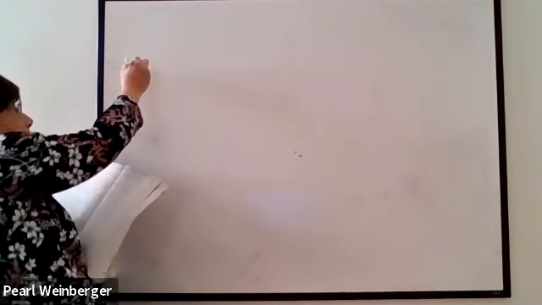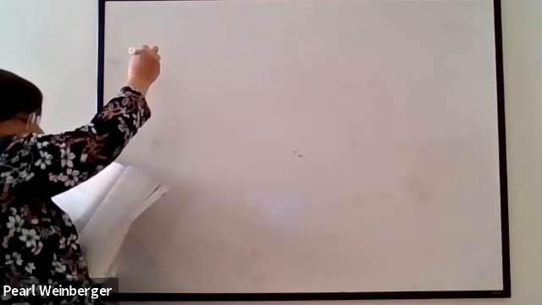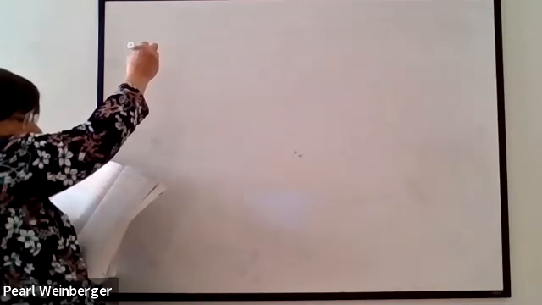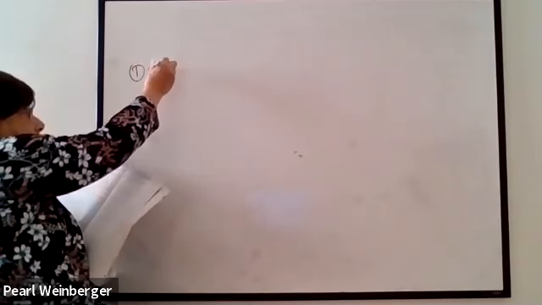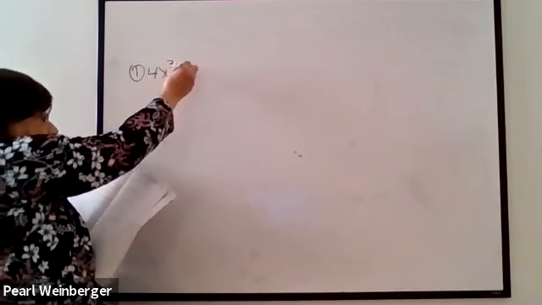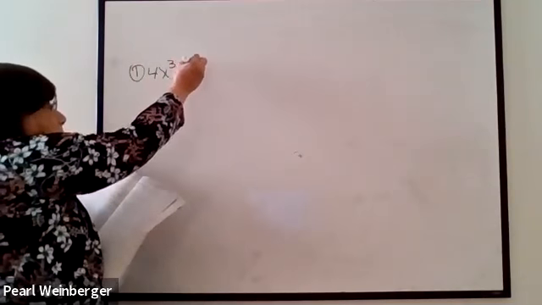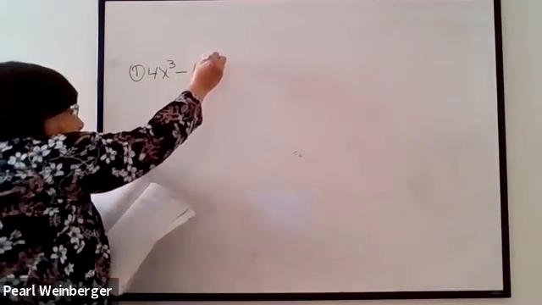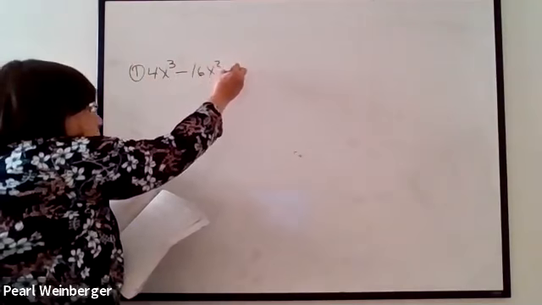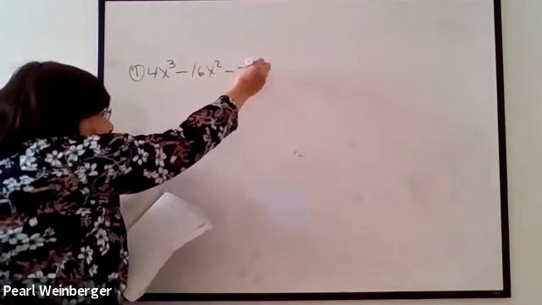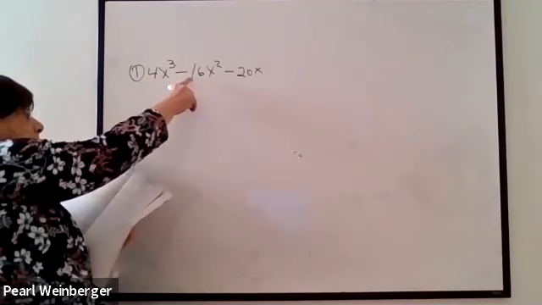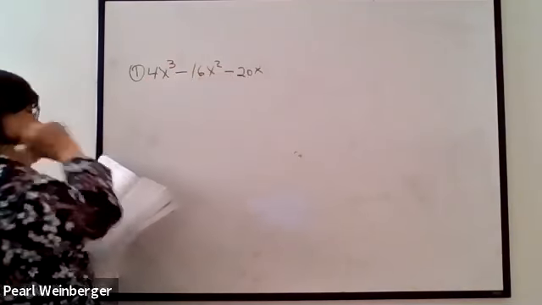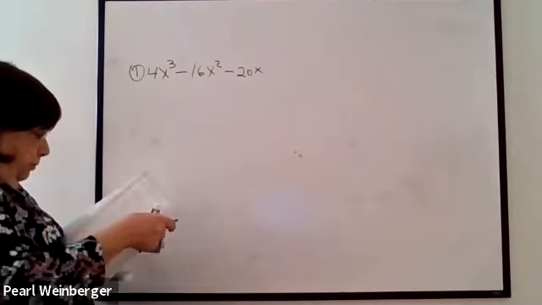Okay, here's problem number 1. Four x to the third minus 16x squared minus 20x. Okay, I'll read it again. 4x to the third minus 16x squared minus 20x. That's your first problem.